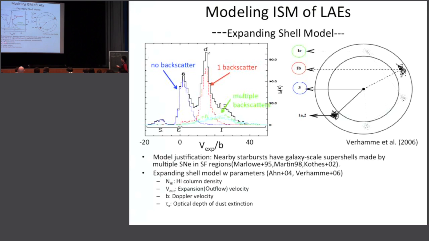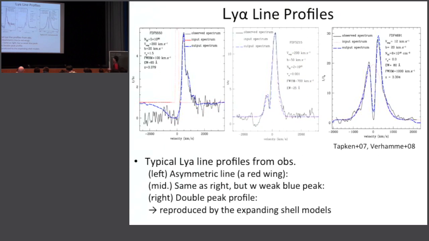One is the neutral hydrogen column density (NHI), the outflow velocity Vout, the Doppler velocity of the gas in random motion within the shell, and the optical depth of the dust extinction within this shell.